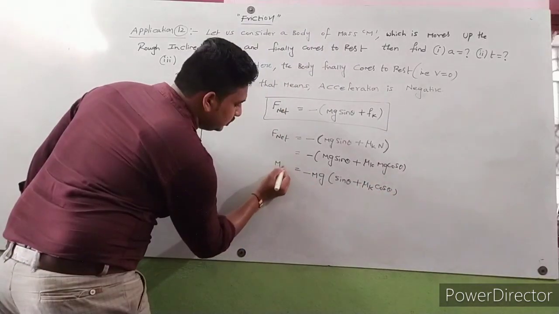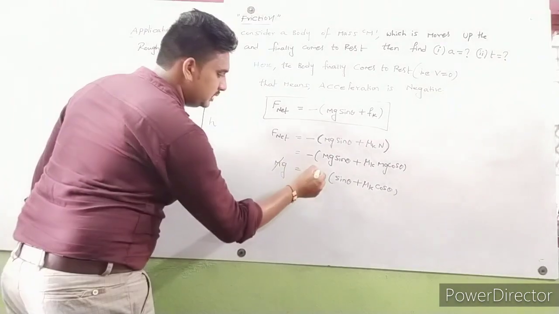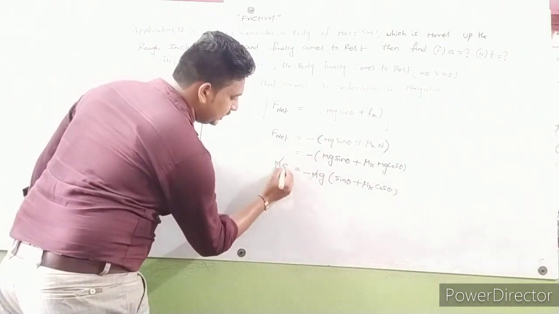F net is equal to ma, so m is going to be cancelled.